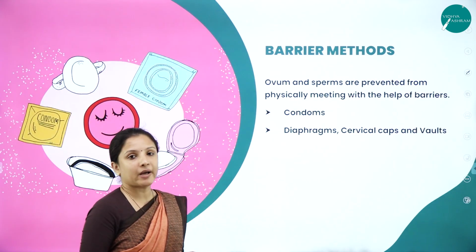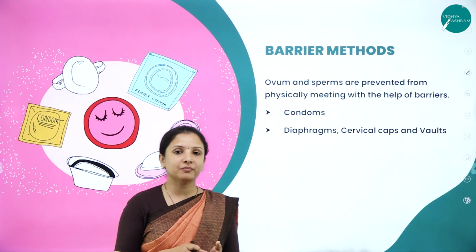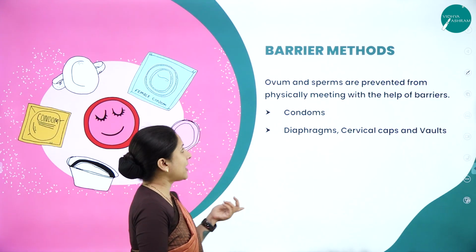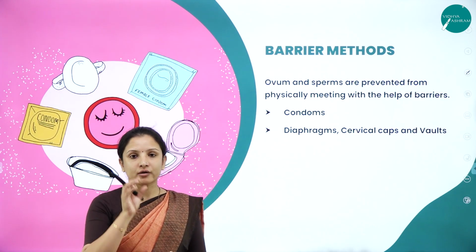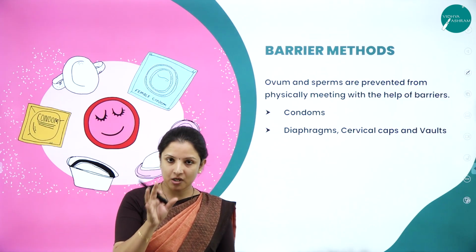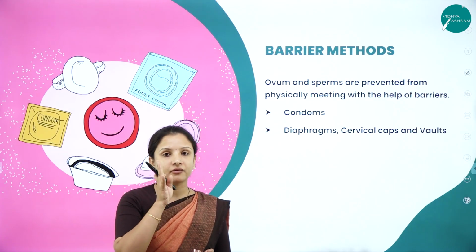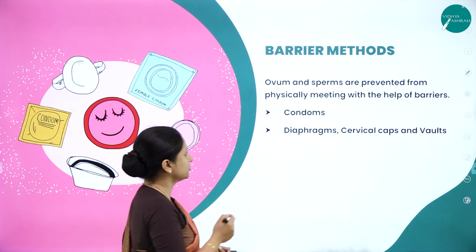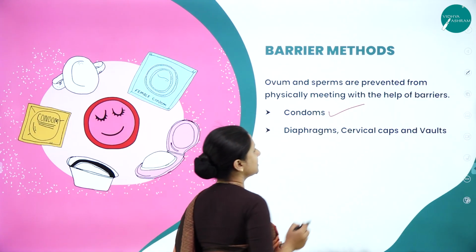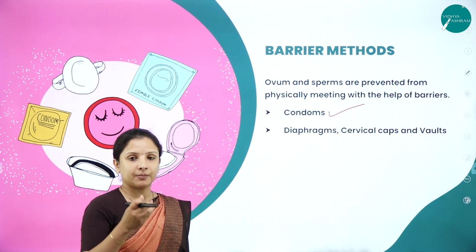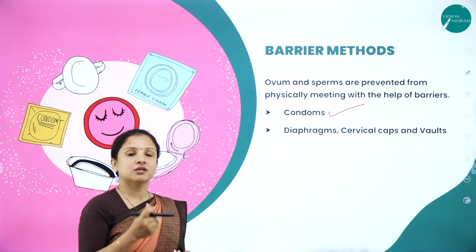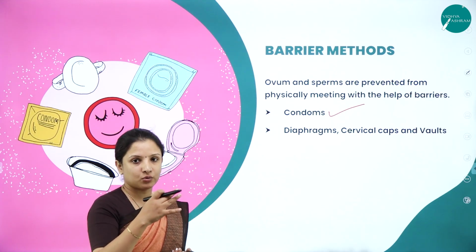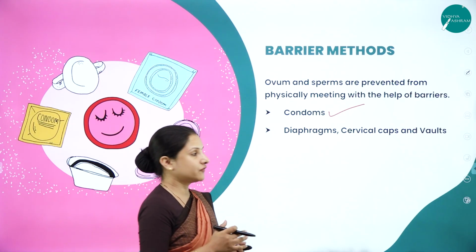So the next method is the barrier method. Barrier means a wall, right, or blockage of something. In the barrier method, the sperms are prevented from reaching the egg. So what are the barriers that can be used? One is the condom, which is a latex shield worn by the male that prevents the flow of the sperms towards the egg of the female.